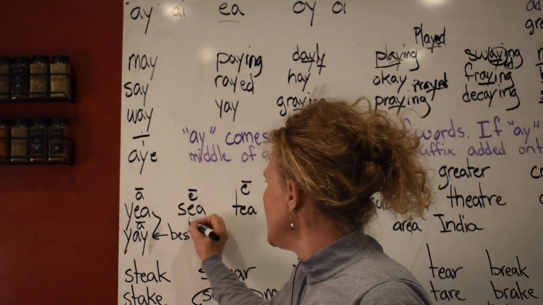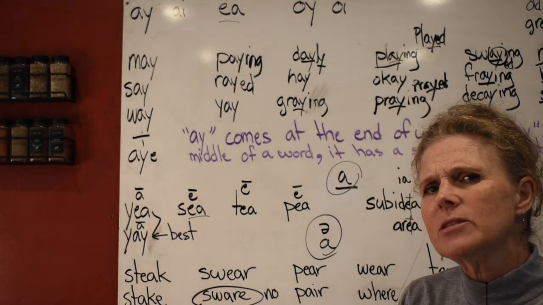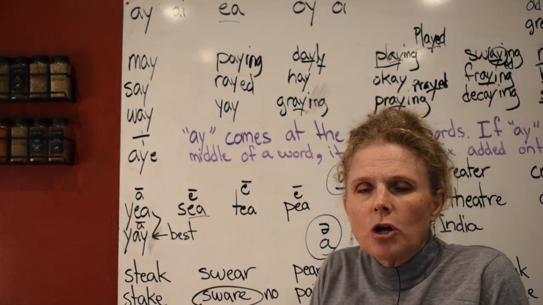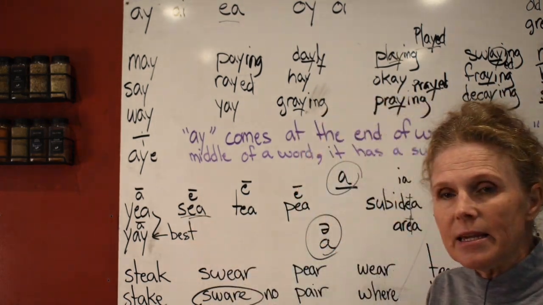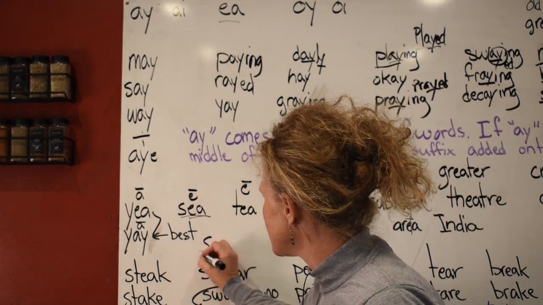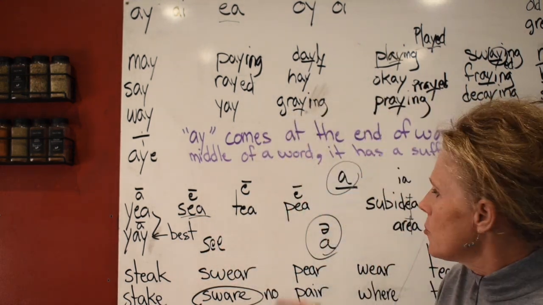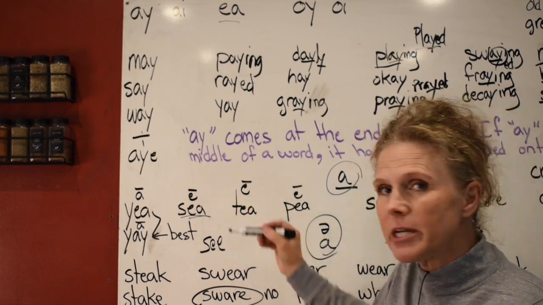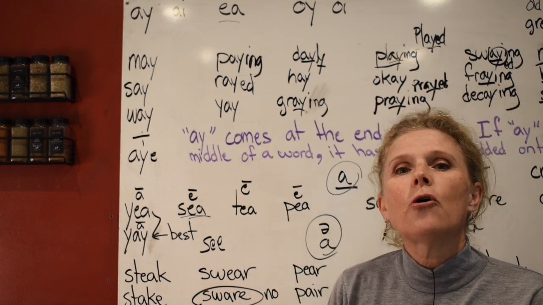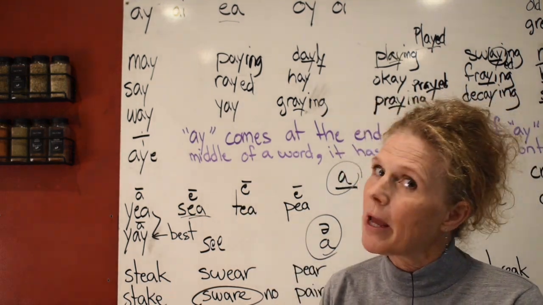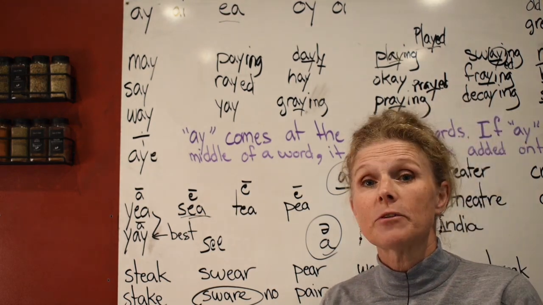So if you see EA at the end, most likely it's going to say E. So don't guess at it because, see, this word says C, and then we have a homophone that says C. So we have to have different vowel teams to make up different words. Even though they sound exactly the same, they are spelt different and they have different meanings.